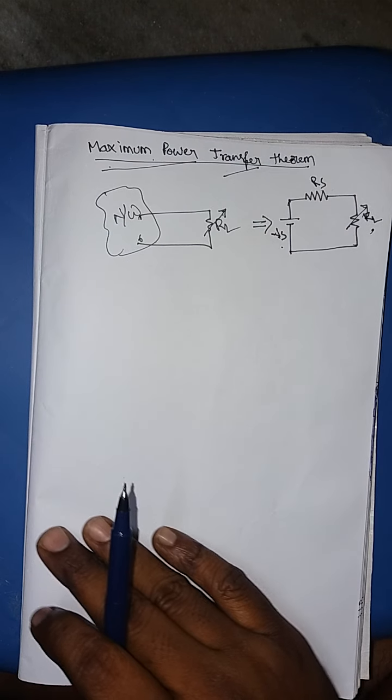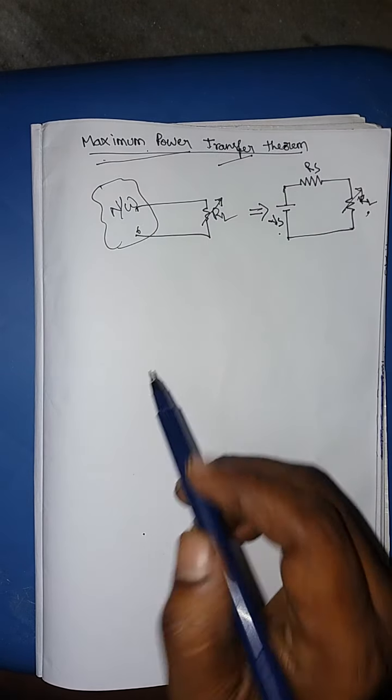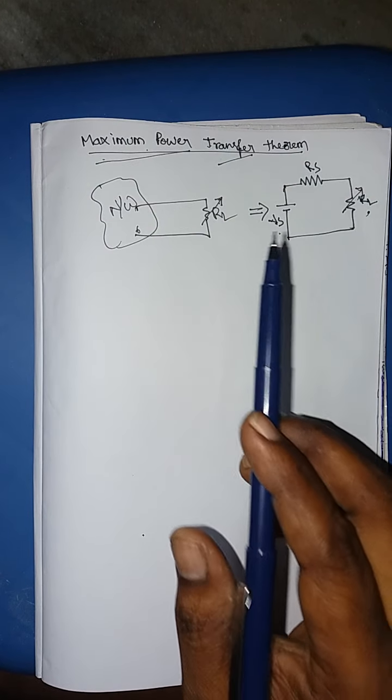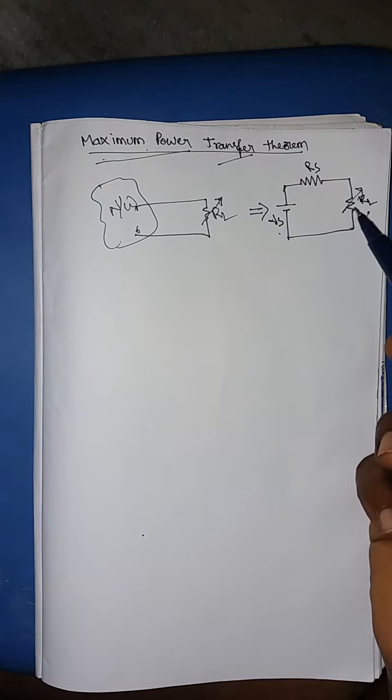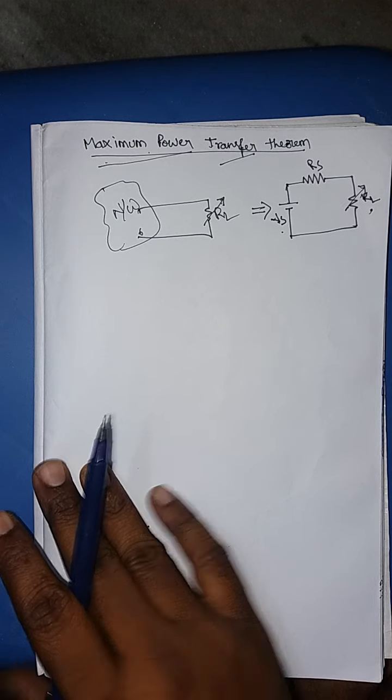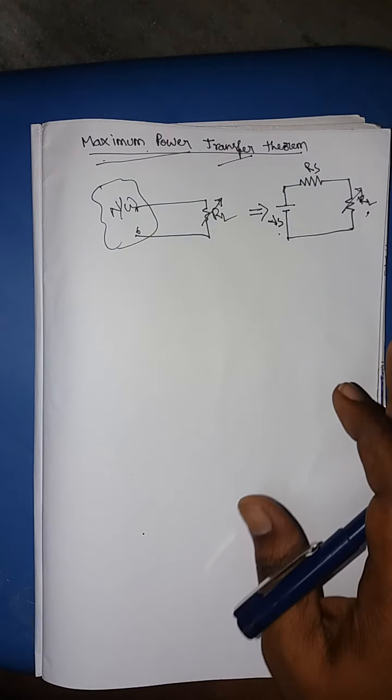This is the statement of the maximum power transfer theorem: the maximum power can be transferred from source to load when the load resistance is equal to the source resistance. Let us check whether it is true or not.